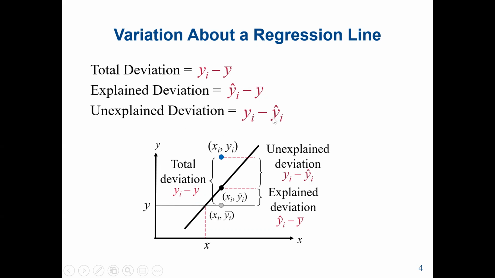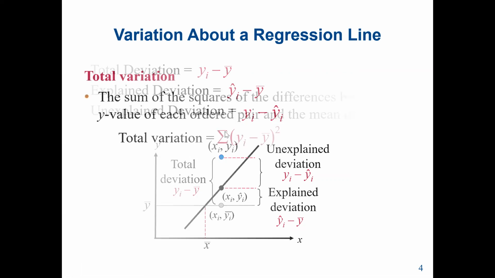Unexplained deviation will be the difference of the actual value y and the predicted value y. So now to find the total variations, we square the total deviation. To find the explained variation, we square explained deviation. And to find the unexplained variations, we square unexplained deviation.